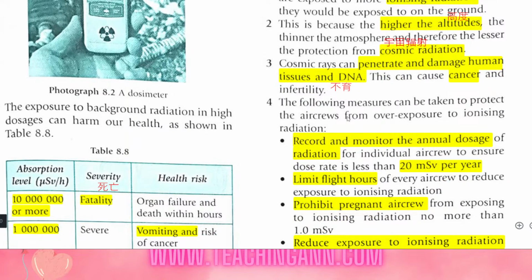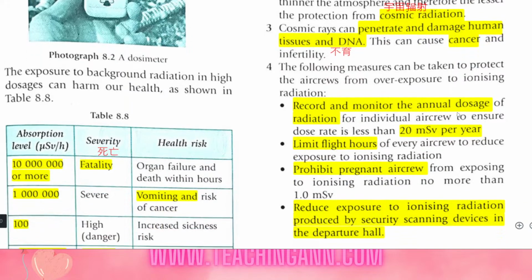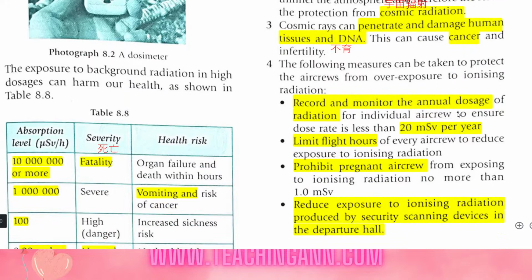The following measures can be taken to protect the air crew from overexposure to ionizing radiation: monitor the annual dose rate of radiation for individuals, which should be less than 20 millisievert per year.